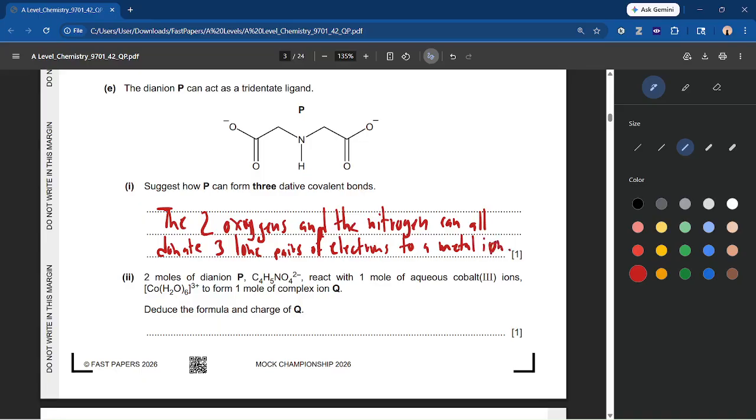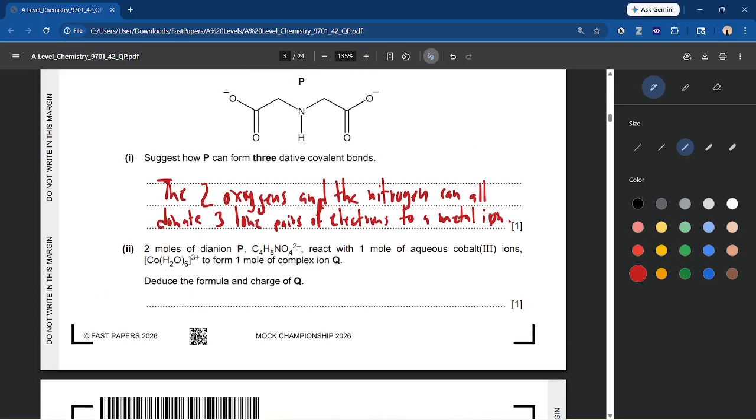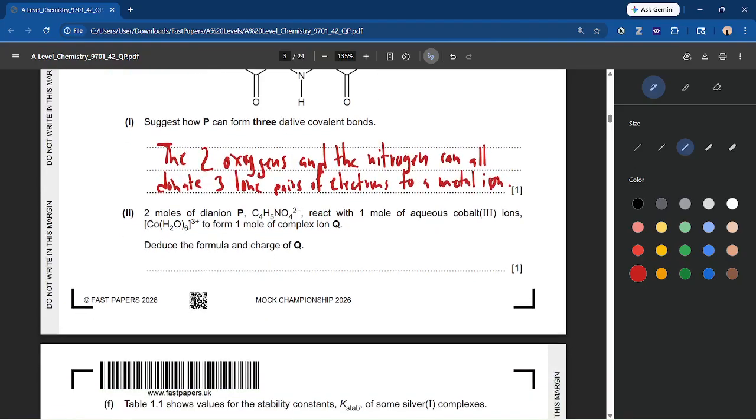There we go. 2 moles of dianion P react with 1 mole of aqueous cobalt ions to form 1 mole of complex ion Q. So since we know that it can form 3 dative covalent bonds, and cobalt over here has 6 of them, so we're going to have to take a look at how 2 moles react with 1 mole of aqueous cobalt. So nothing too complicated about this.